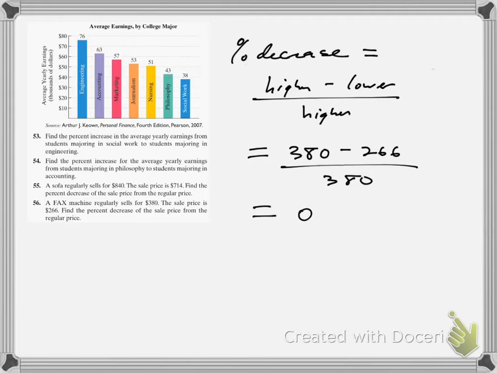And I get 0.3, which, moving that over 2 decimal places, gives me 30%. Okay? And so I'm gonna erase this for a second and take a screenshot here and show you something.